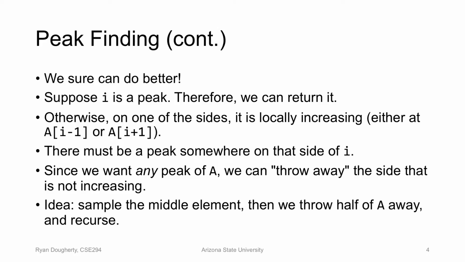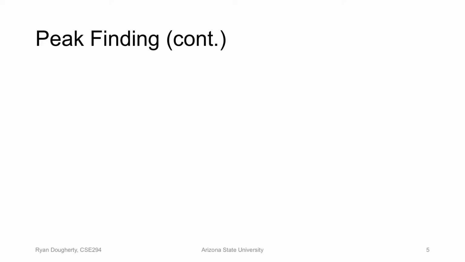If it's strictly less than both of them, just pick one of the sides. If it's strictly less than one, go that way. So if it's strictly less than, say, the first half of the list, then recursively call on the first half of the list. Okay? And then we recurse until we find such an element, because there always will be a peak, no matter what.